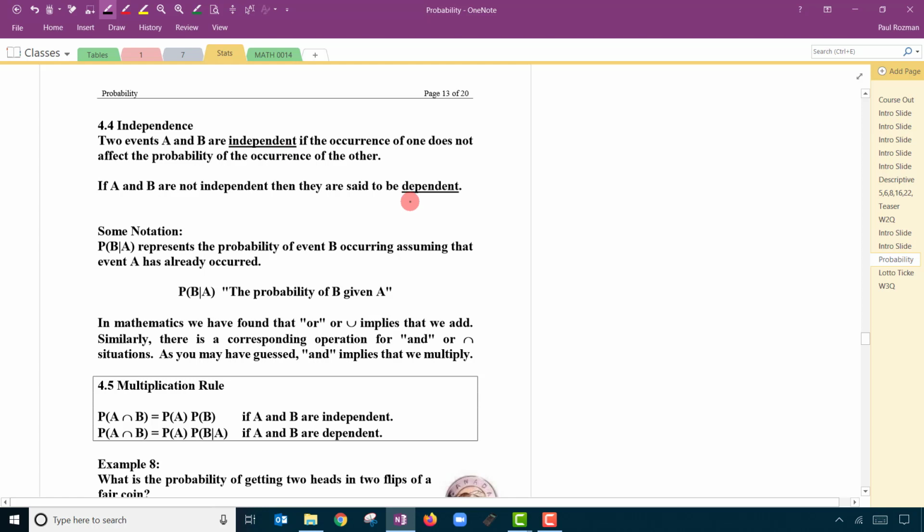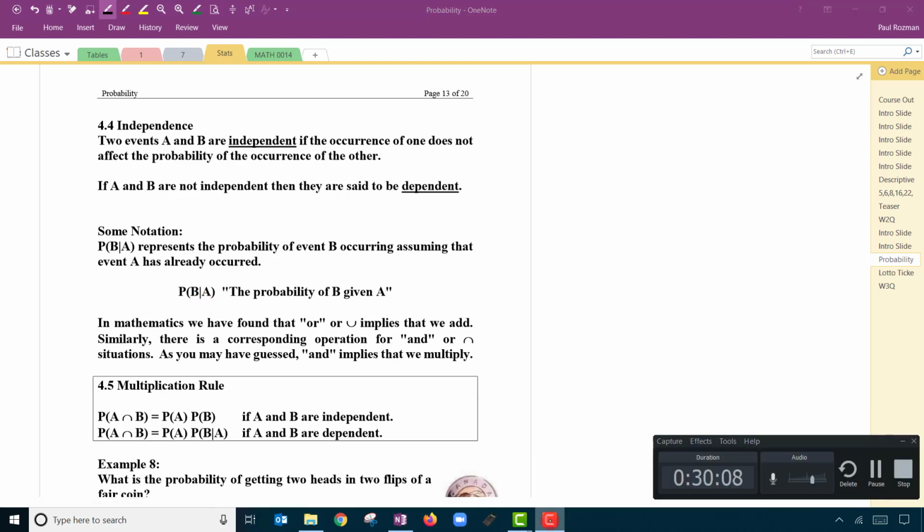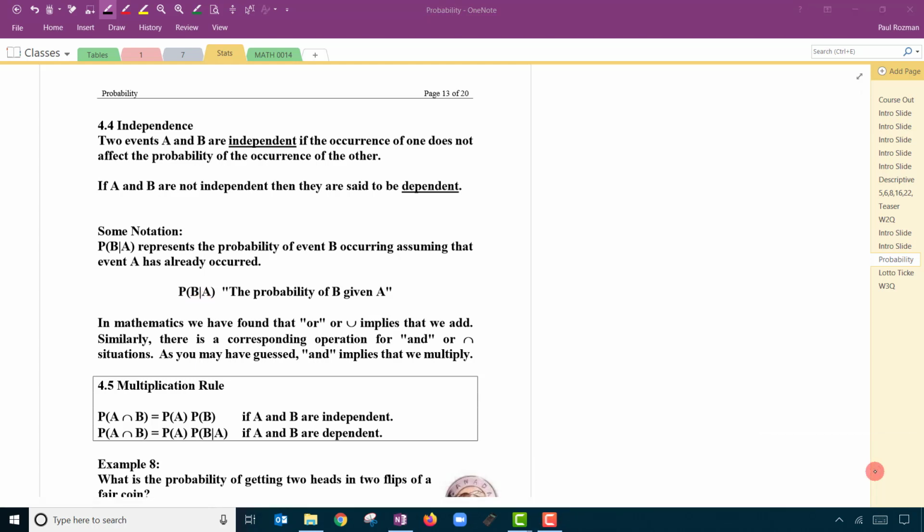That's where I need some new notation here. I want to find the probability of B happening given that A already occurred. So this notation here, this bar, is just a notation for given, just like we had notation for and or. So we will use this in our dependent cases. The multiplication comes up.